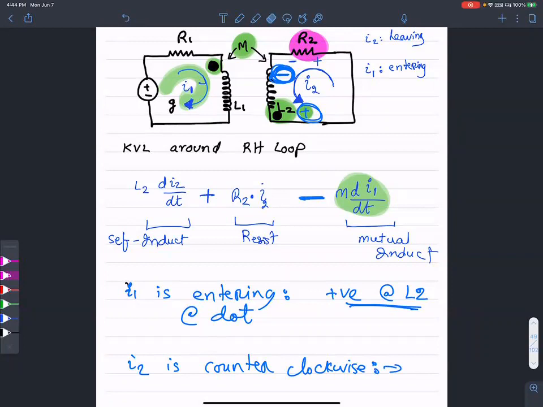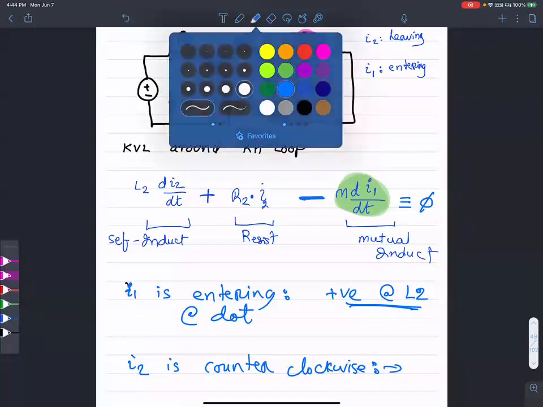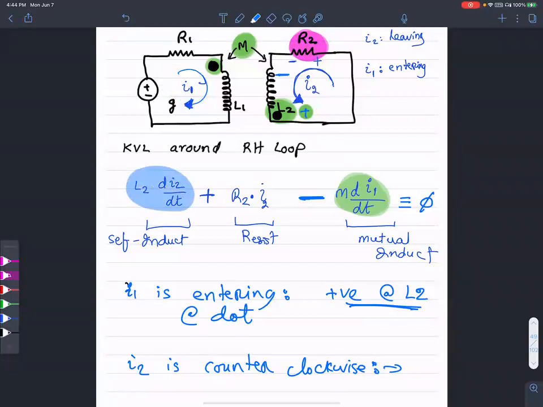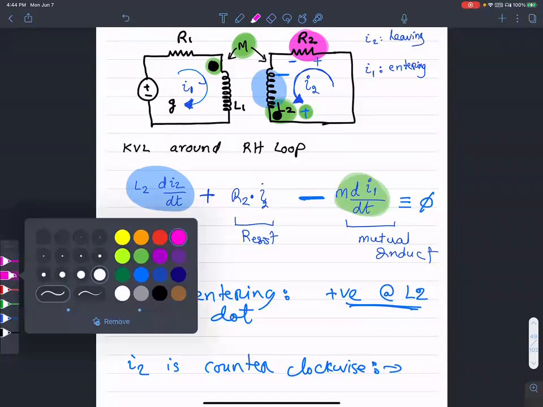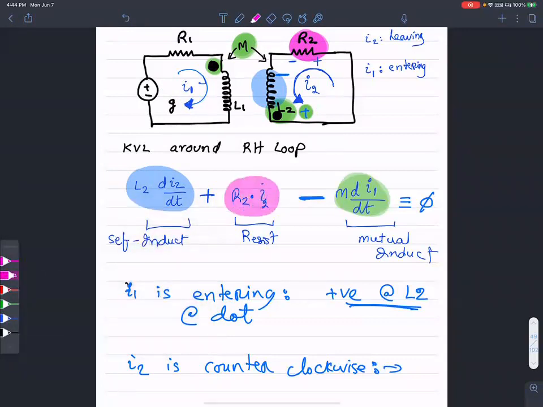Now that said, all of this equates to zero. That's the idea of KVL, right? The total voltage dropped should sum to zero. So the voltage dropped because of the mutual inductance, the voltage dropped because of the self-inductance, and the voltage dropped because of the resistance.